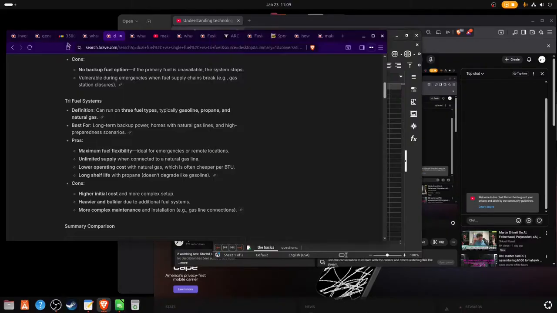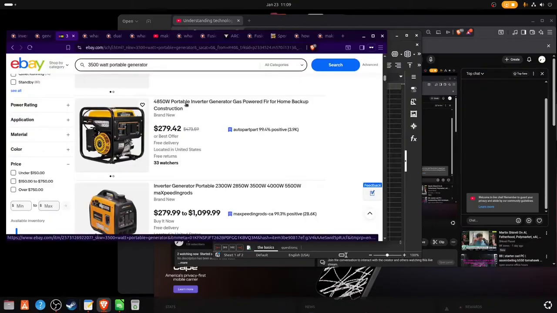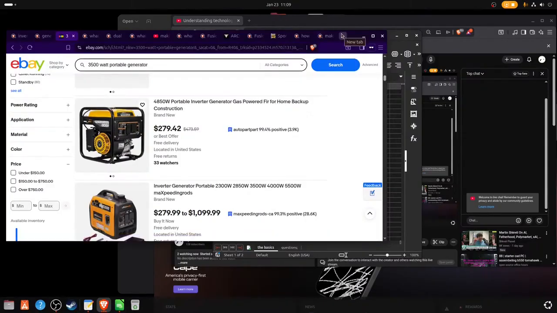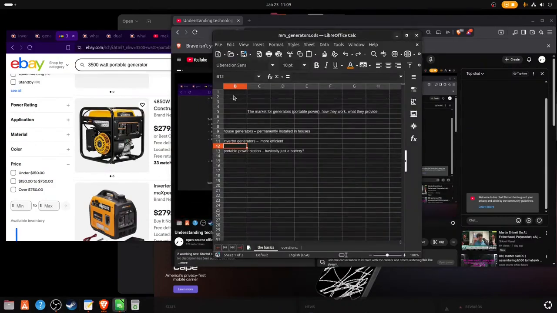Okay. I do actually like the idea of an inverter generator. Sorry, I'm tripping right now. I just want to do a quick cost comparison for prices.